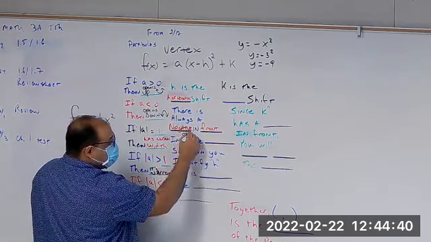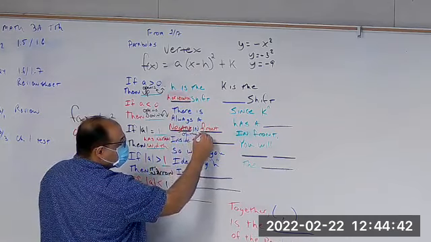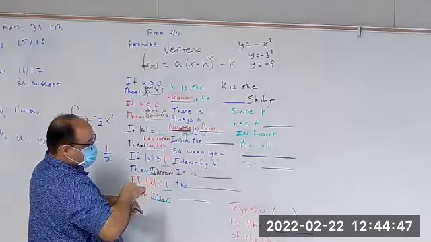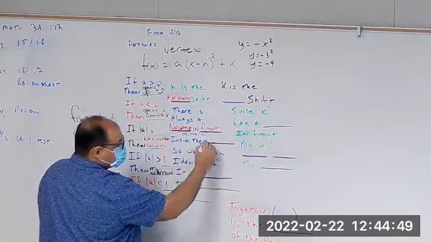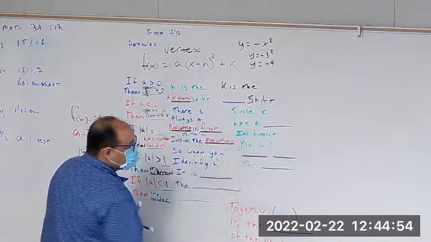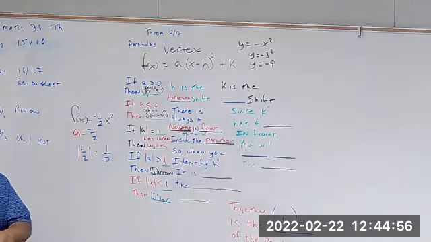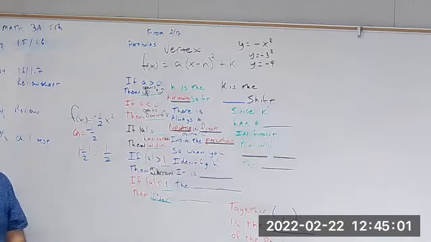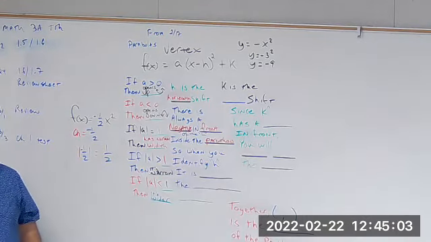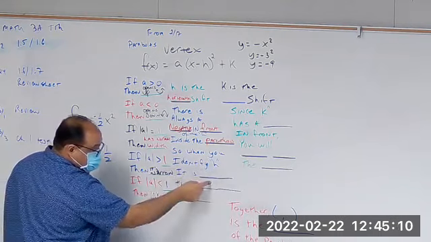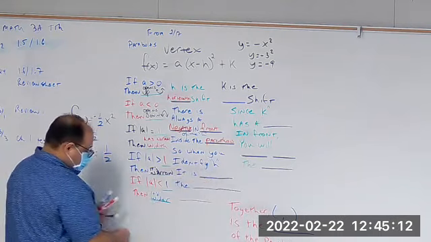In front of the H, inside of the parentheses. Always a built-in negative. Always. So it's always x minus h. So when you identify the h, it's going to be the opposite.